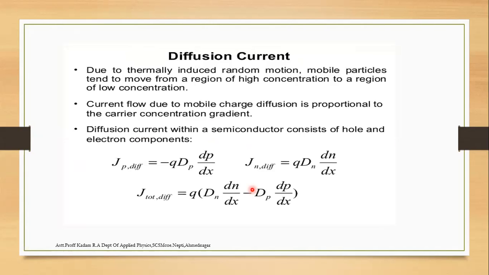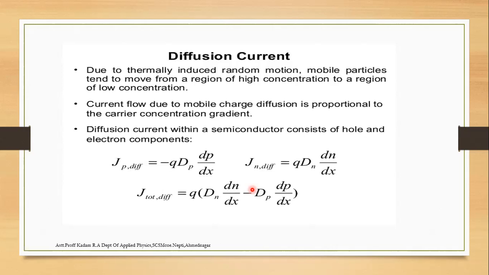Then the diffusion current, the basic term related to our syllabus. The diffusion current is the thermally induced random motion of mobile particles that tends to move from a region of higher concentration to a region of lower concentration.